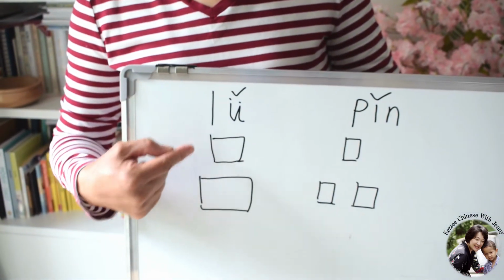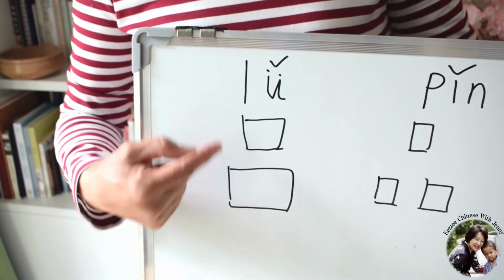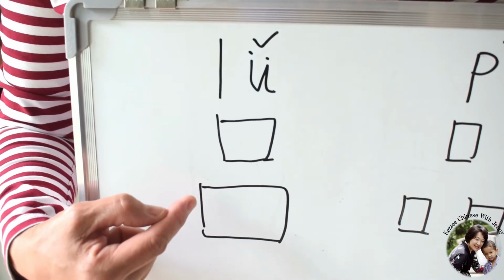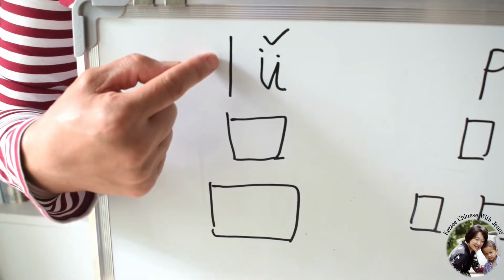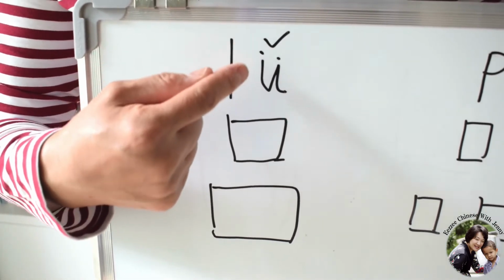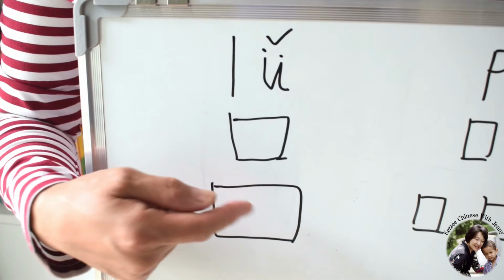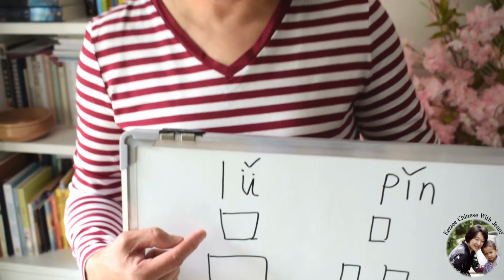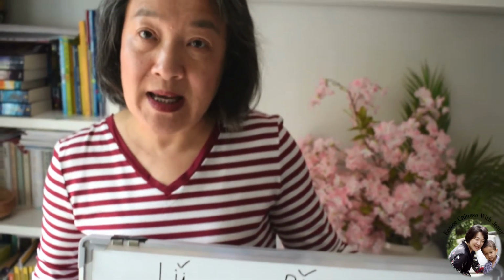And how about putting two mouths together? The top one a bit smaller, the bottom one a little bit bigger. It is pronounced Lu. Lu doesn't have much meaning, but it is mostly used as the last name of many Chinese people.